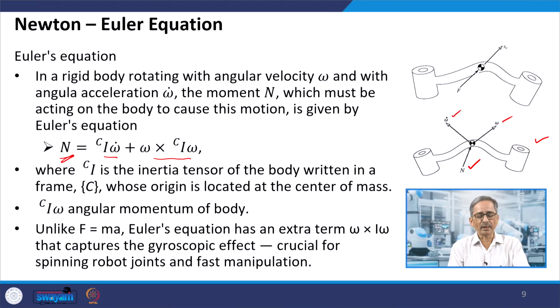Okay. So, if we compare this equation with the Newton equation, we see that this is the additional term which is coming over here. Okay. And that term captures the gyroscopic effect, which is very crucial for spinning robot joints and for fast manipulation.